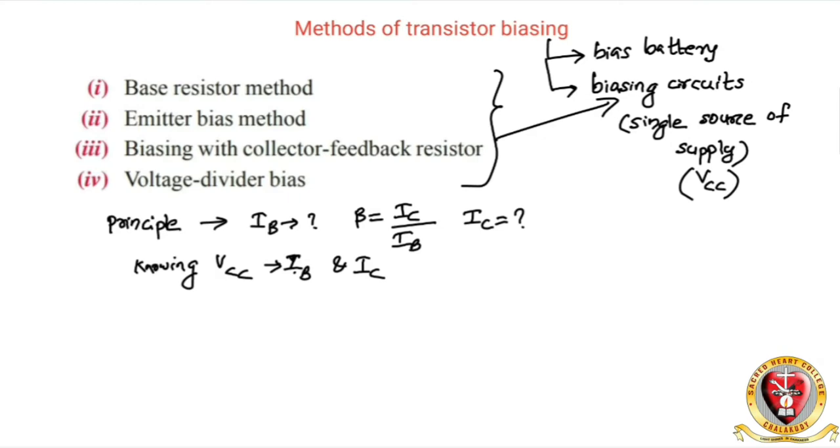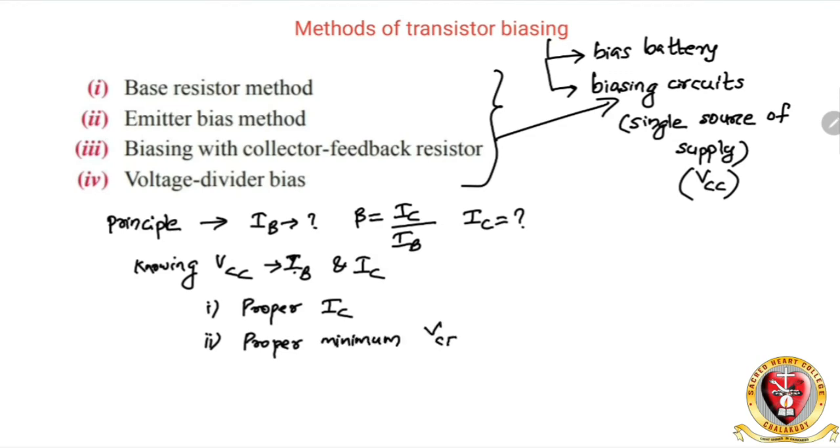In all these cases, we can select the value of load resistor RC keeping in mind the rules of transistor biasing. The transistor biasing essentials are: first, proper zero signal collector current IC, and second, proper minimum VCE at any instant. What do you mean by proper minimum VCE?